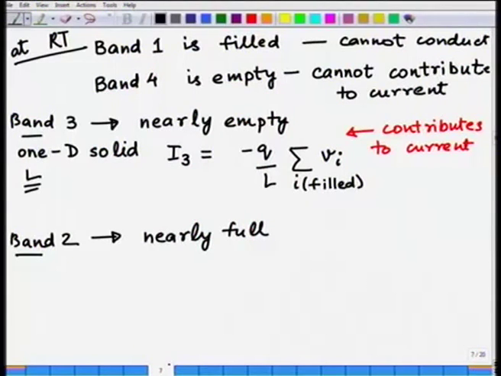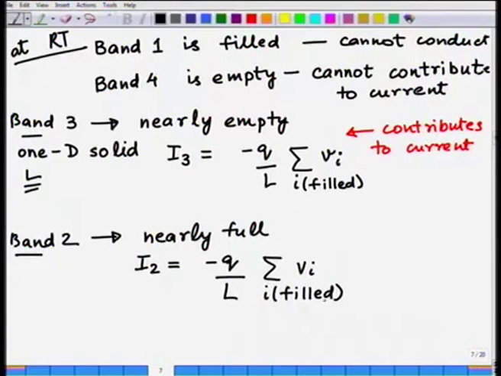If I look at this particular band, what will the current be? In the same way, I can write this current I2 as equal to minus Q, the charge, divided by L, which gives me the linear charge density, multiplied by the velocities v_i summed over the filled states.